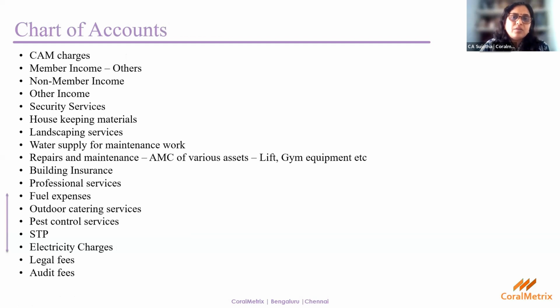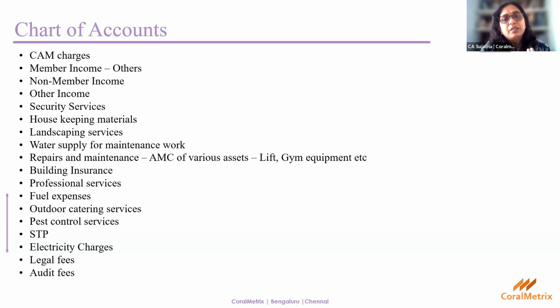Second reason is that the association carries on only a selected set of activities, so there is no need for creation of new accounts in future, so that the accountant need not struggle or create any new account head, and at the time of auditing it will not be difficult.